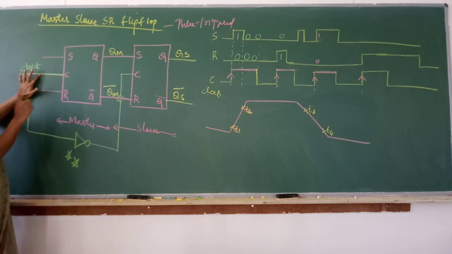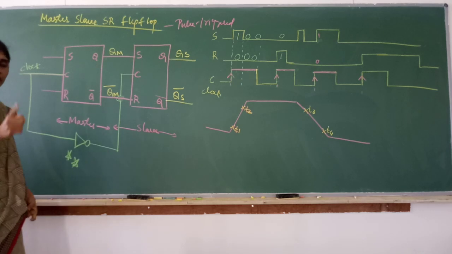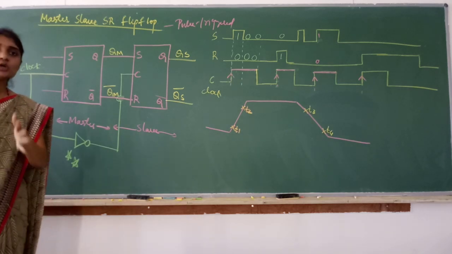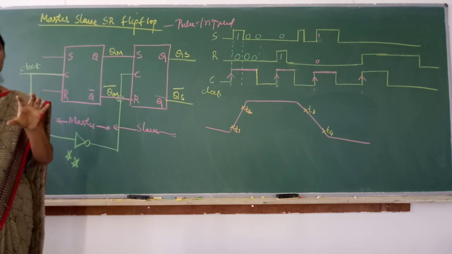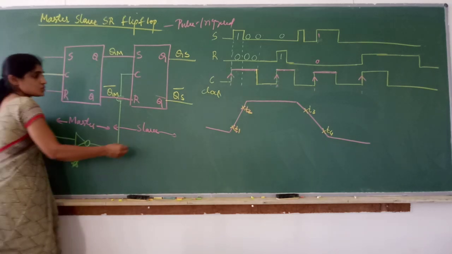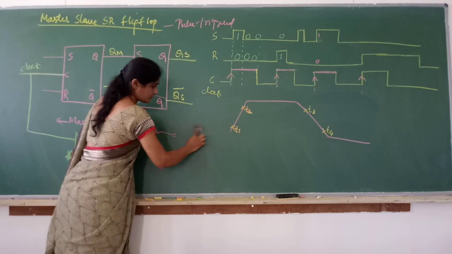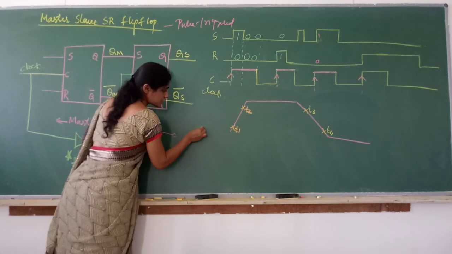You know that when the clock is 0, there is no change in the flip-flop state, correct? When the clock is 0, will your flip-flop work? No change in the flip-flop. Only when the clock is high will the flip-flop be on and store some information depending on the inputs. So what is the clock here? Initially the clock is 0.